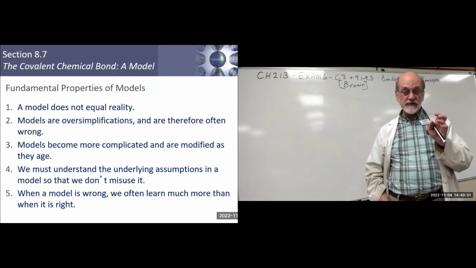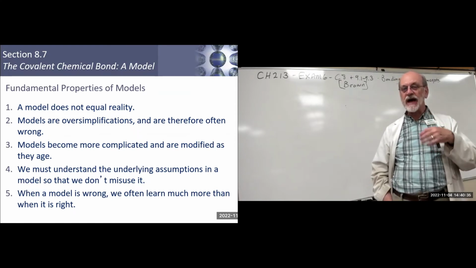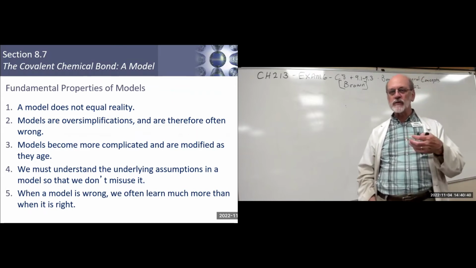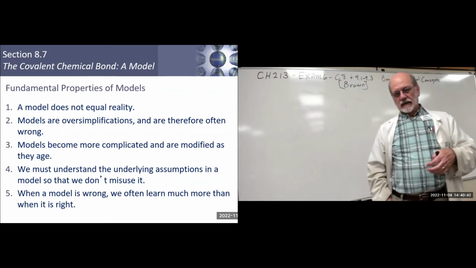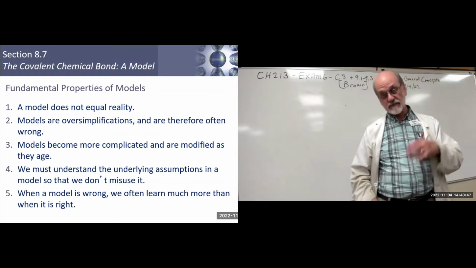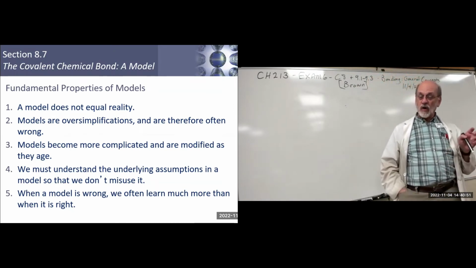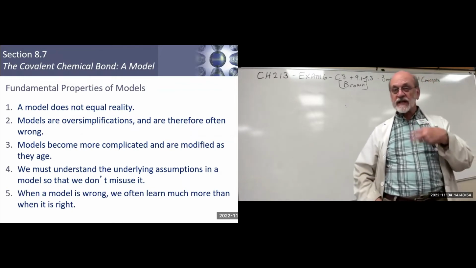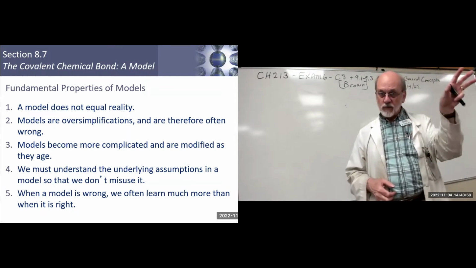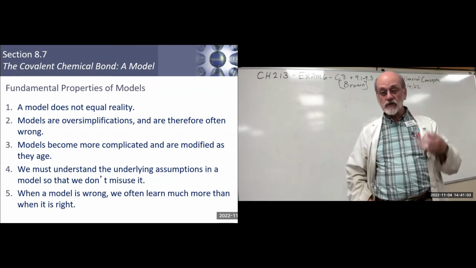There are also, in most cases, several assumptions that have to be made about the model in order for it to function. You have to assume certain things. And we're not going to dwell on that right now. It's just, that's the truth. Now, when a model is wrong, when the model does not predict the behavior that is witnessed in reality, that doesn't mean that the model is useless.